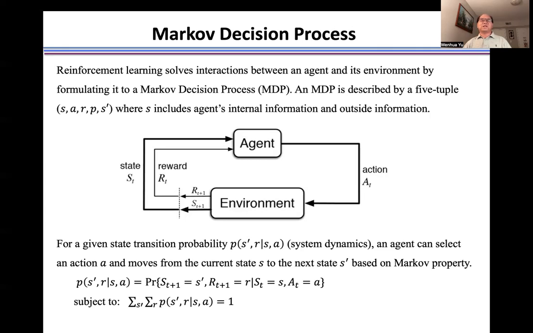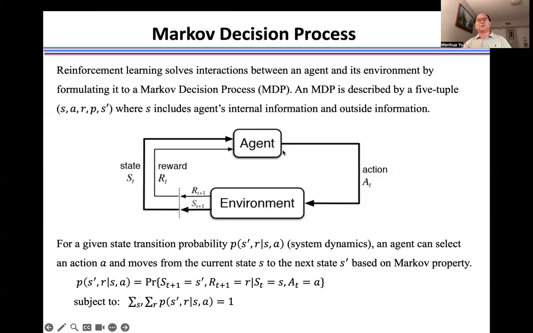For a Markov decision problem, if the agent knows the state transition probability, the agent can select an action, and his environment generates a reward to respond to the agent's action. And then the agent moves from his current state to his next state. However, in actual problems, an agent doesn't know the state transition probability.